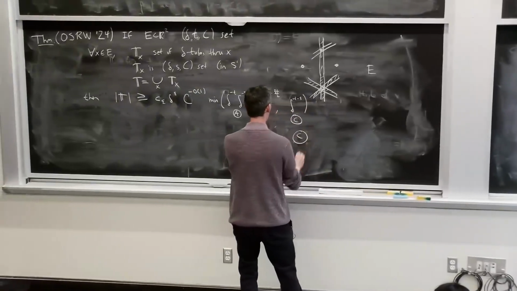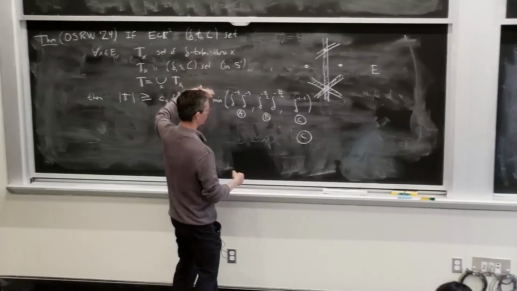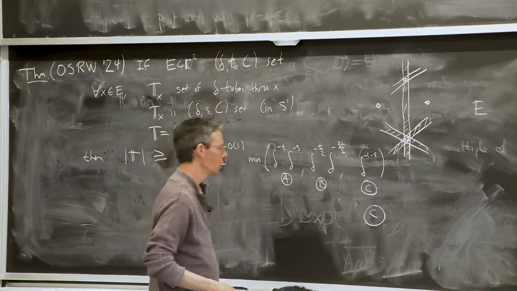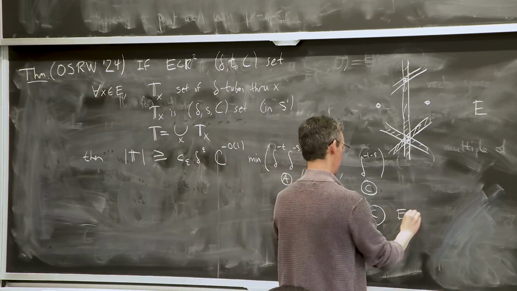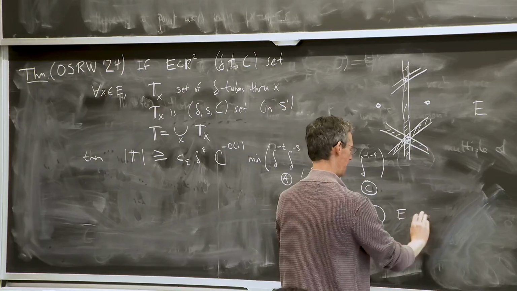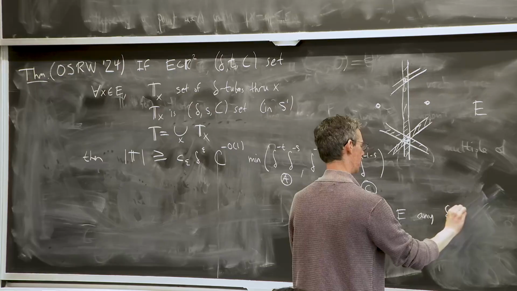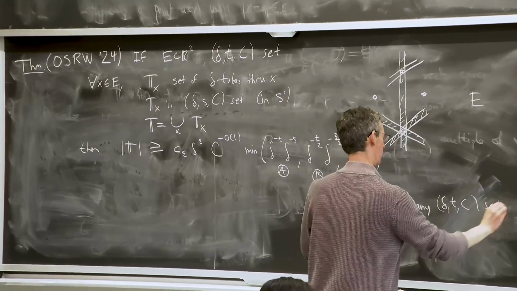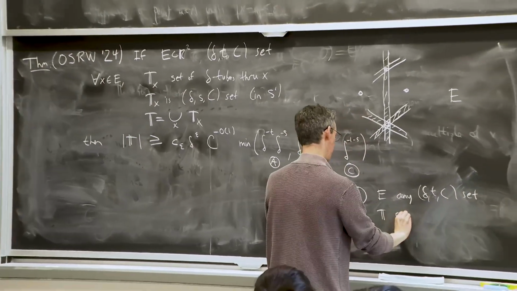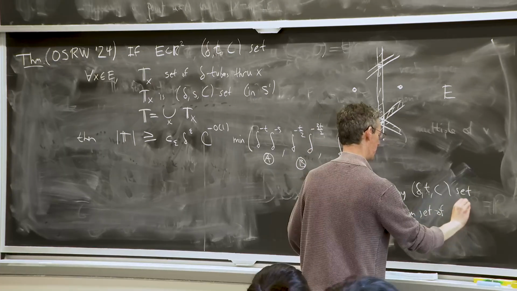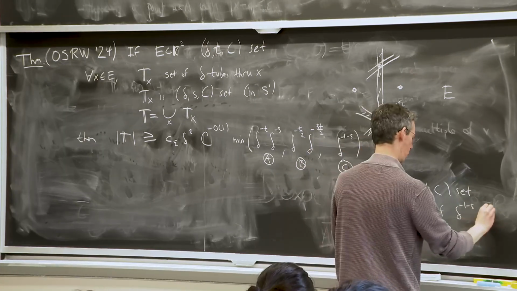So C is a new phenomenon that has to do with the fact that these tubes and balls have a thickness, which we didn't have up there. So here E could be any set. And then T is a random set of delta to the minus 1 minus S or so tubes.